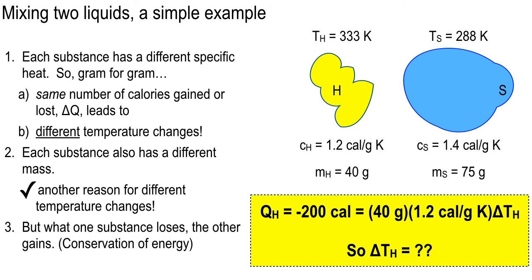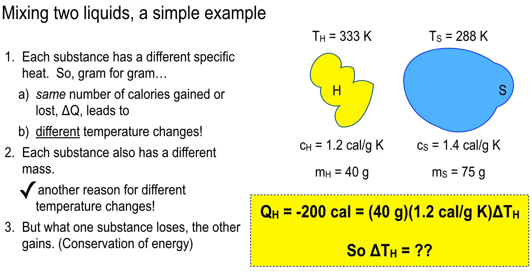If H loses 200, so QH is negative 200 calories, then QS is positive 200 calories, because it doesn't disappear into the outer universe. It's contained inside of our container. So energy is not being lost. It's all there. It's just rearranging.